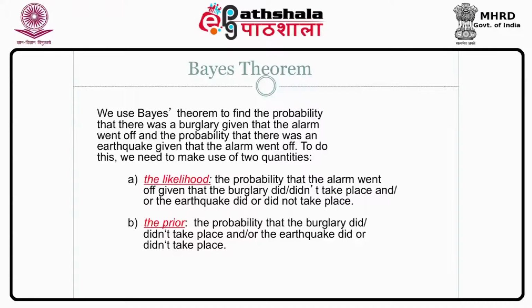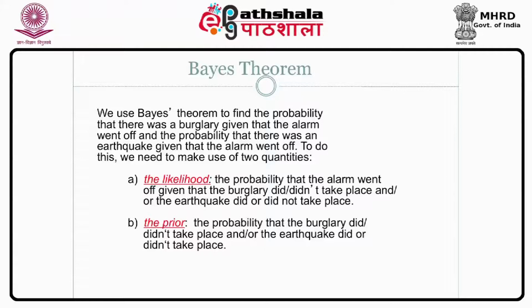The focus is to find the probability. What should be our focus? I am looking for the chance that a burglary occurs given the alarm went off, and also the chance that an earthquake occurs given the alarm went off. These two cases might be of interest to me. The other way around, we got the likelihood: alarm went off and the burglary occurs, or alarm went off and the earthquake occurs.